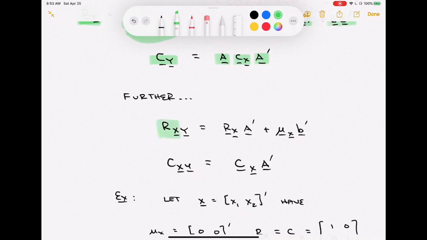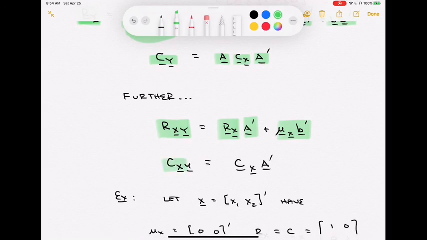So the cross correlation between x and y, again, is the expected value of x y transpose. You put in what is y in terms of x, and you go to town doing some simplification. We get the autocorrelation of x times A transpose plus the mean of x times b transpose. It's a direct substitution and simplification, just a little bit tedious.